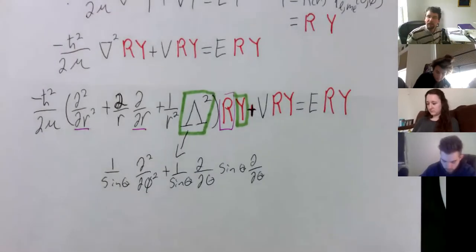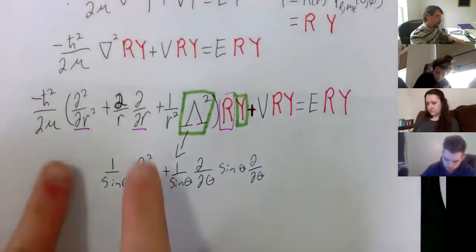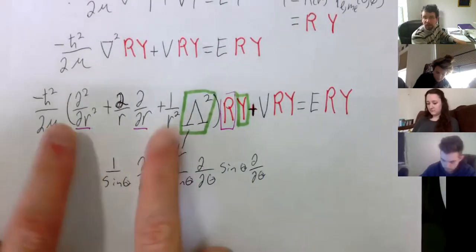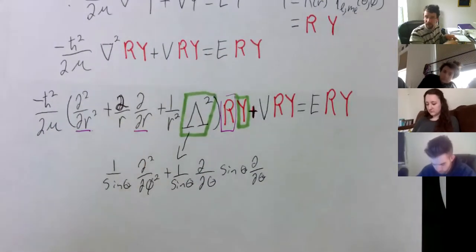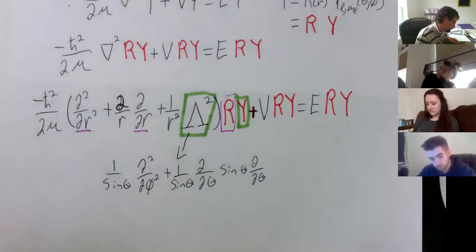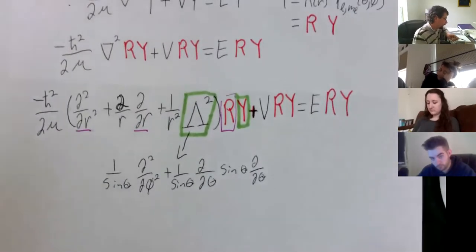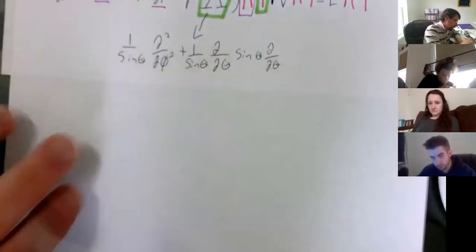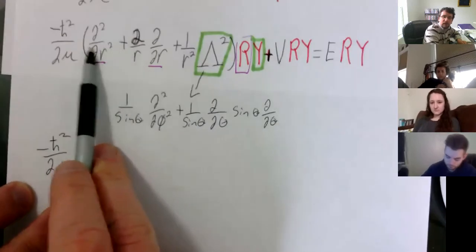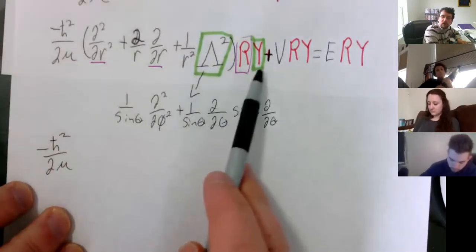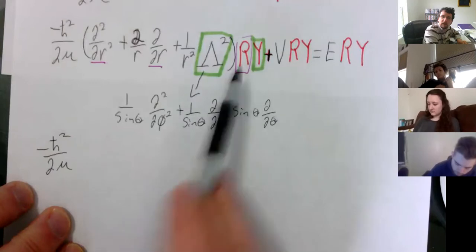So we can apply those portions of this wave function to the parts that the derivatives depend on. We get negative h bar squared over 2 mu. What's this first term going to become if I distribute these 2 functions through?